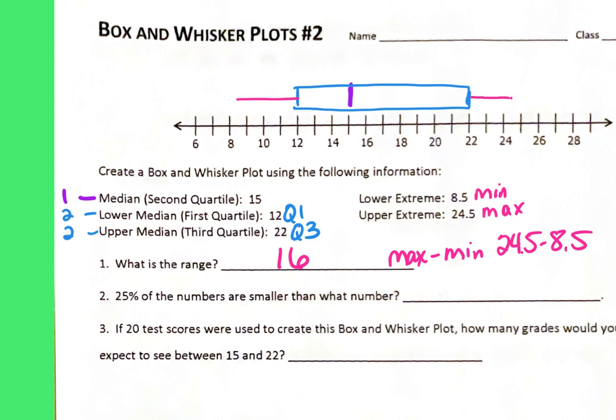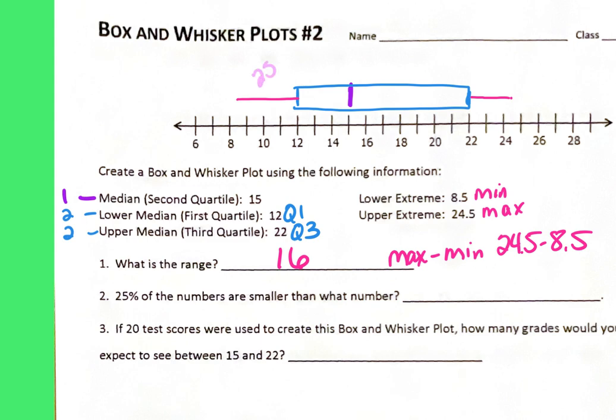It says 25% of the numbers are smaller than what number? Okay. So when we talk about percentages here, it's kind of cool because percentages are already set in 25%. So when you look at this, this is 25% of the data here. Sorry, let me change my pens here.